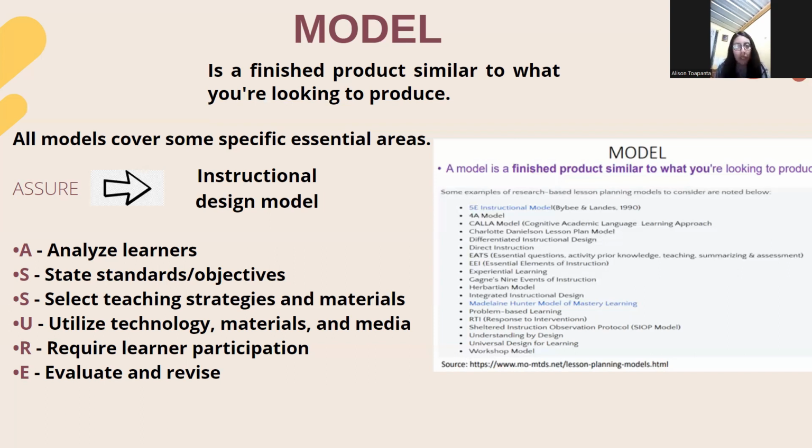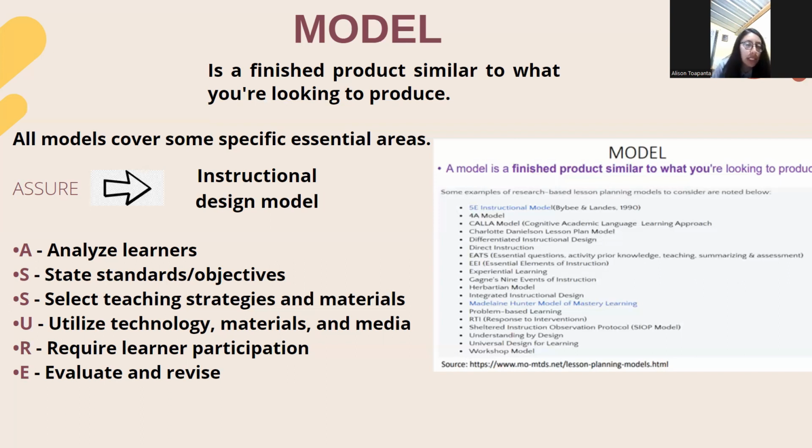For example, analyze learner: you must observe your learners and accomplish the goals through their needs. State standards and objectives: the objectives will be able to focus on the final purpose, and obviously don't set low expectations.